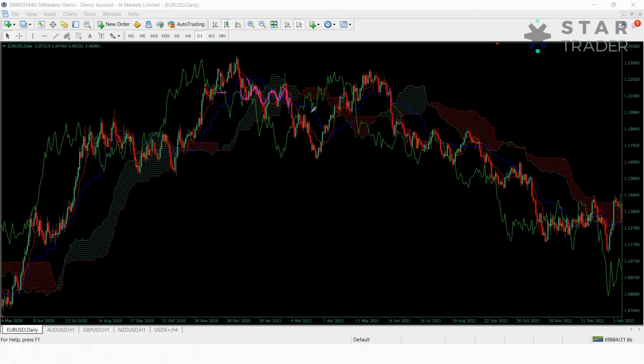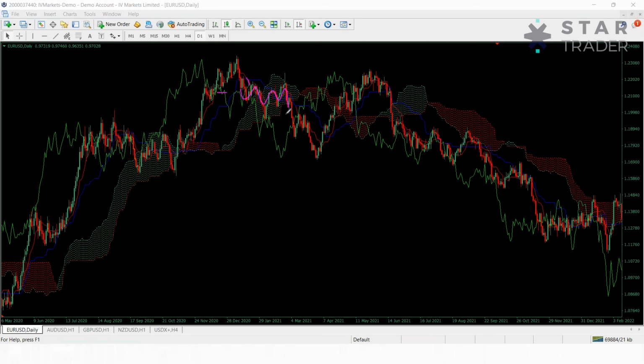Green cloud is always telling us the market direction. Whenever we have the green cloud, it means the market direction is bullish. So we have to wait for the cloud to become red to definitely confirm the trend shift.